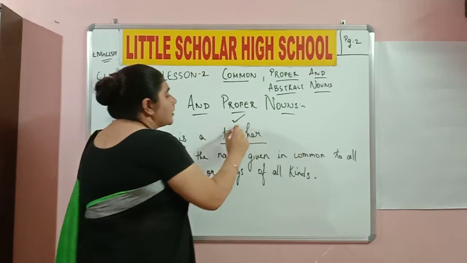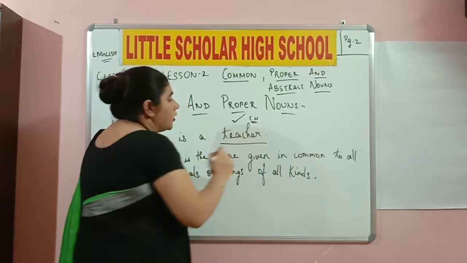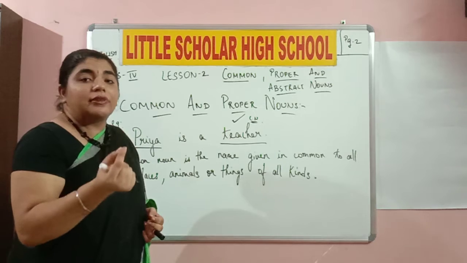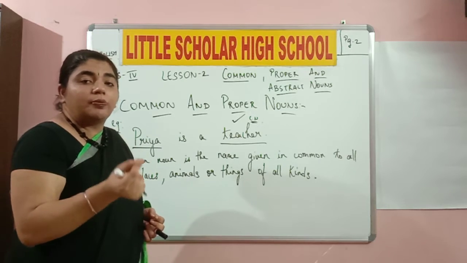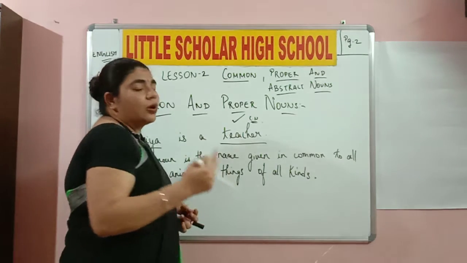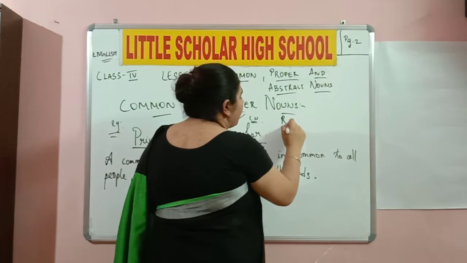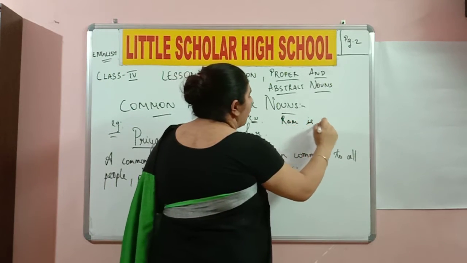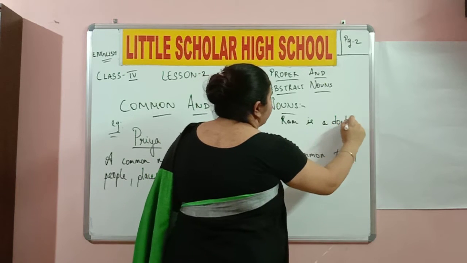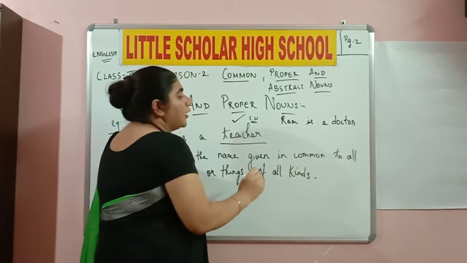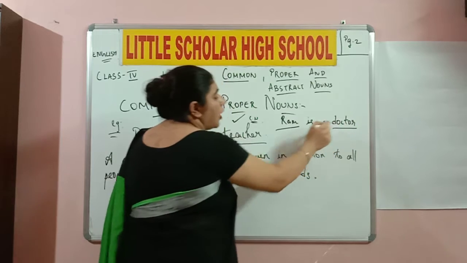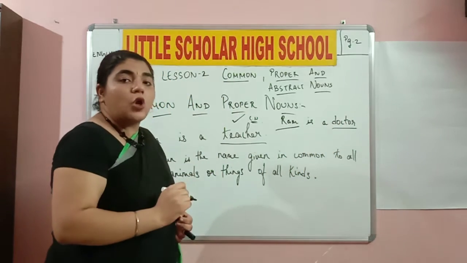Teacher is called a common noun because it is a common name tag given to the category of people who teach. Similarly, what else can be a common noun? Can you give me examples of that? For example, if I write a statement, Ram is a doctor. I know that Ram and doctor are nouns, but which one of them is a common noun?